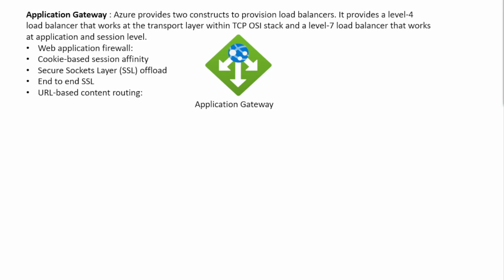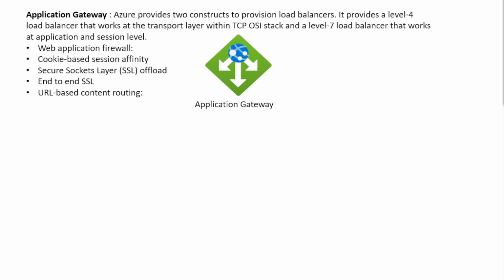If you want that, you can offload the SSL at the application gateway layer itself, and transfer your traffic on port 80, or whatever port you want at the VM level. And if you always want end-to-end SSL, you can provide the certificate at the application gateway, and it will encrypt the traffic, so the traffic would be end-to-end SSL.